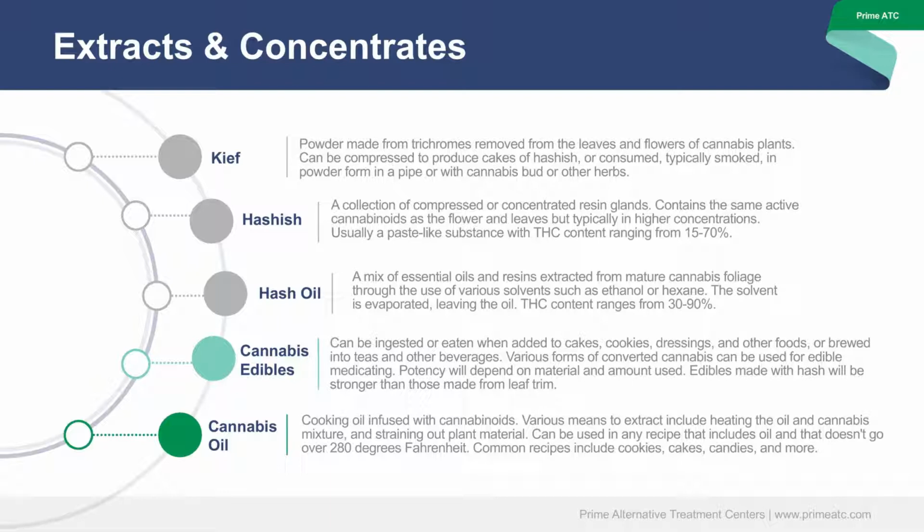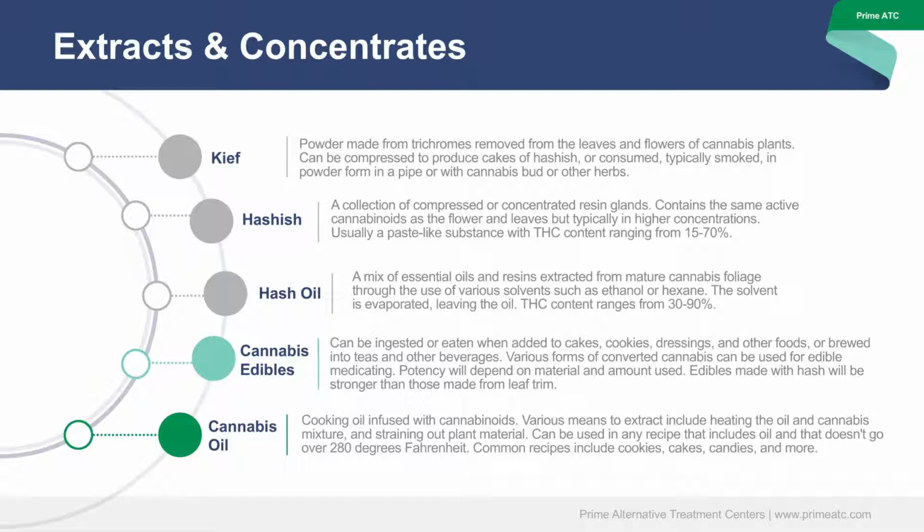Cannabinoids are fat-soluble oils, meaning they dissolve in oils, butters, fats, and alcohol, but not water. Processes using oil, butter, fat, or alcohol can extract the cannabinoids completely from plant material. Various forms of converted cannabis can be used for edible manufacturing. Each can be made from the cannabis flowers, leaves, or concentrates, such as hash.